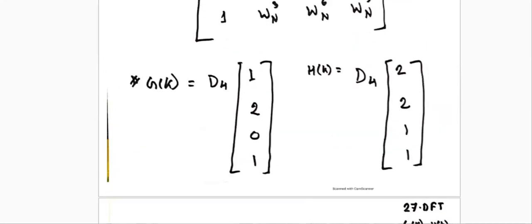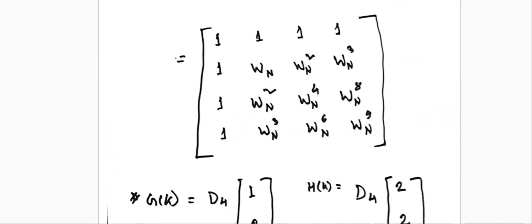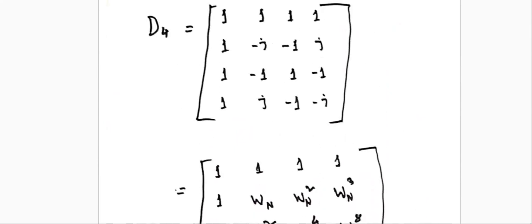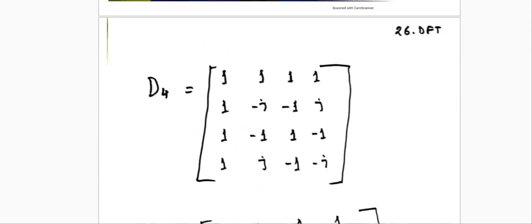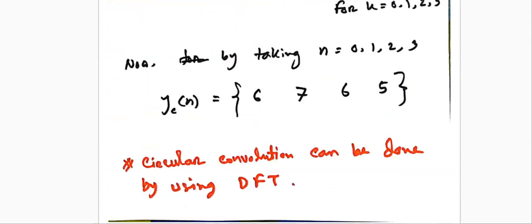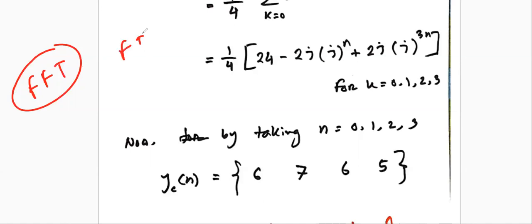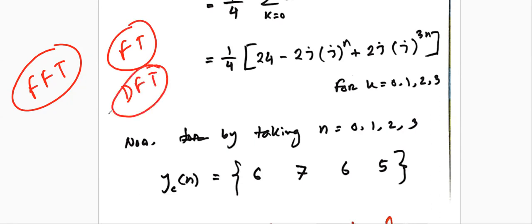Okay, so that is the last topic from the discrete Fourier transform. That is all about the discrete Fourier transform. In the next class, we'll talk about the fast Fourier transform, the mathematical concept. Basically, the fast Fourier transform is nothing but a mathematical concept, or you can say one kind of algorithm, that makes our discrete Fourier transform faster.